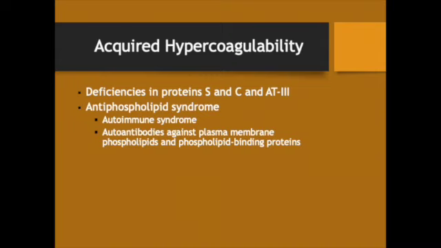This state can include antiphospholipid syndrome, which is an autoimmune syndrome characterized by autoantibodies against your plasma membrane phospholipids and the phospholipid binding proteins. It is an autoimmune disease predominantly in females in their reproductive years.